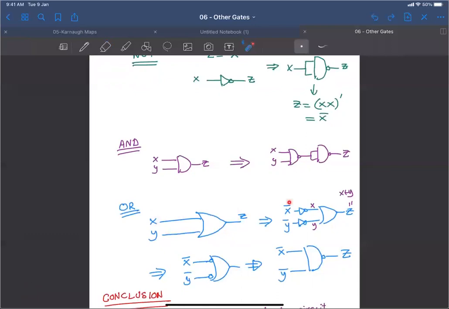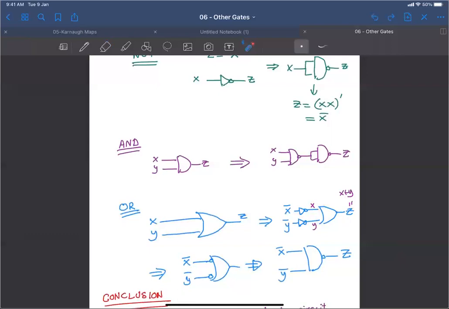If this is X complement and then you invert it, then you did nothing, right? It's the same as X. So the output here is X, and we still have the OR gate here, right? So the output is still X or Y. We haven't changed the circuit using this. Are you following, guys?